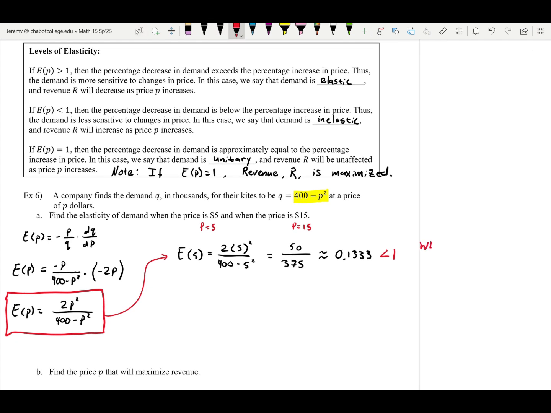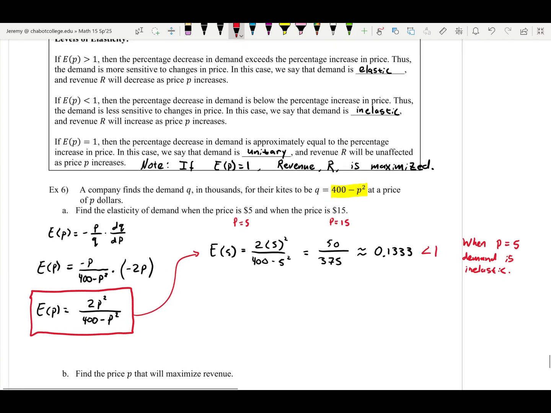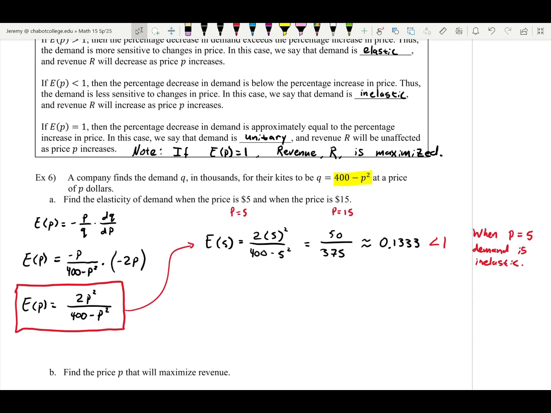So I'll just say that when P equals 5, demand is inelastic, meaning it isn't overly sensitive to changes in price. So if I were the accountant for this kite manufacturer, I might say, hey, we can increase the price. We can go higher than $5.